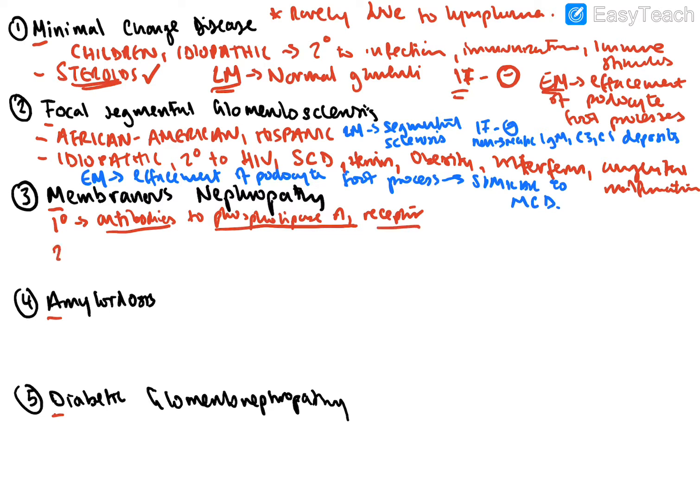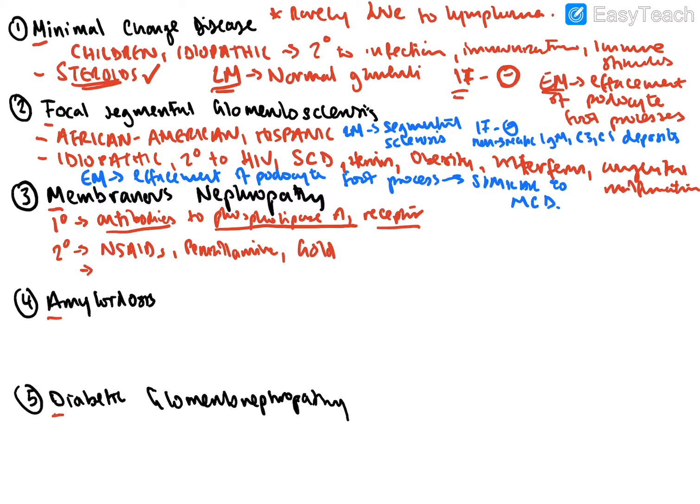Secondarily, it can be due to drugs such as NSAIDs, your painkillers such as ibuprofen and naproxen. It can also be due to penicillamine use, a copper chelating agent used in Wilson's disease, or to the use of gold, which was previously used for things like rheumatoid arthritis, but not so common anymore.